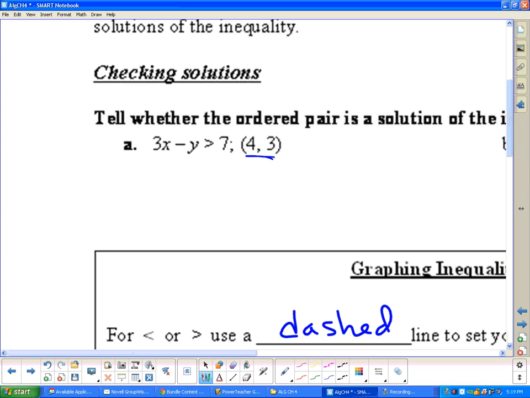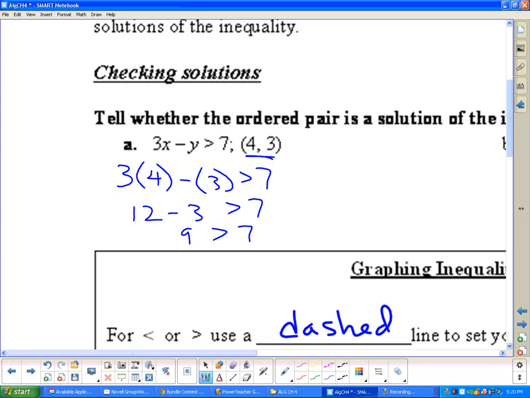Instead of x, I'll put 4, minus, instead of y, I'll put 3, is greater than 7. I get 3 times 4 is 12, minus 3 is greater than 7. So 12 minus 3 is 9. 9 is greater than 7, and that's a true statement. Because that makes this a true statement, yes, that point (4, 3) is a solution.